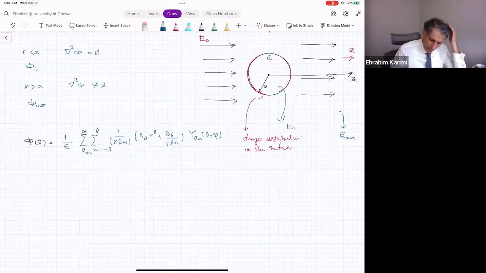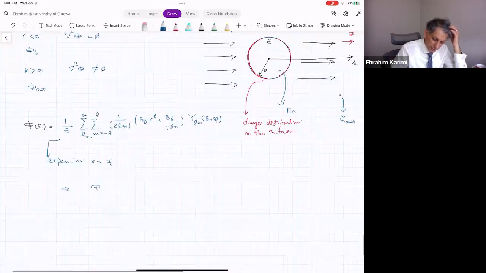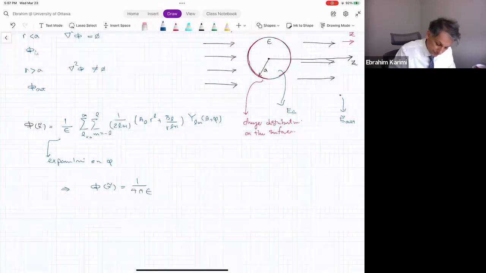which for our case, since it has cylindrical symmetry, we simplify this and we are not using expansion on phi. Then simply the potential should be a function of 1 divided by 4 pi, and then we will talk about which epsilon should be placed there.